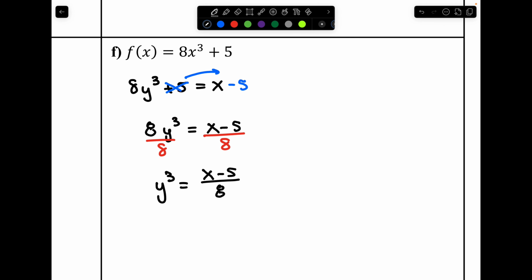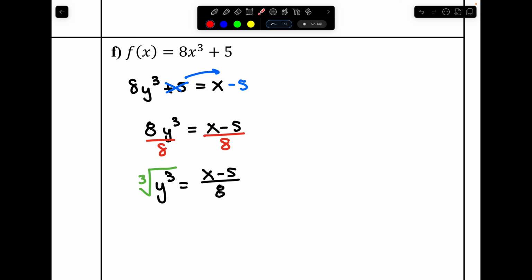So now that we got this, our next step here is to get rid of the exponent of 3. And like I mentioned yesterday in the other video, the inverse of anything to the third power, or to any power, would be some type of root. Not a square root, but some root of some type. So since we have y to the third power, the root that we're going to use here will be the root where the index matches the respective power.